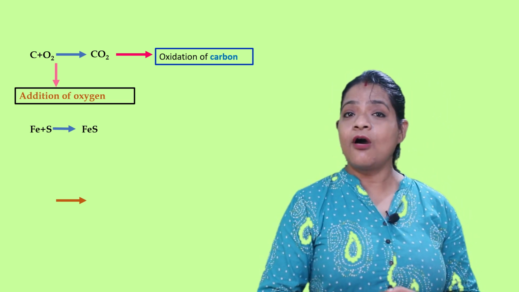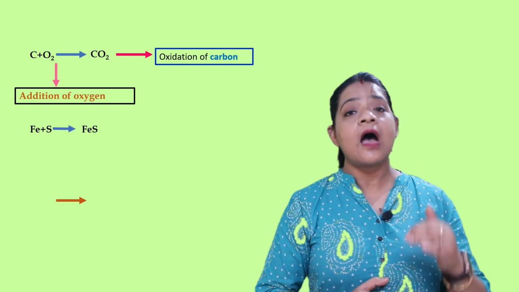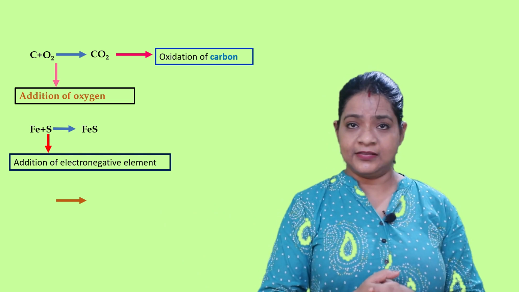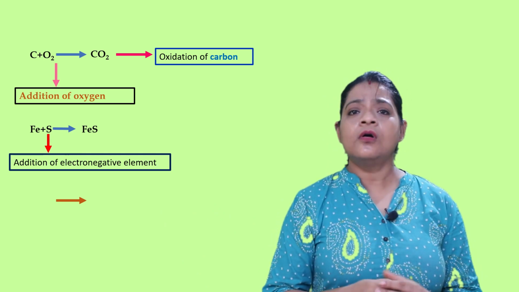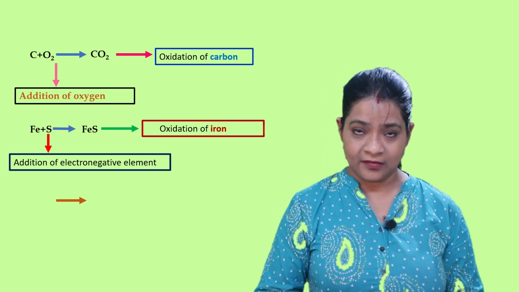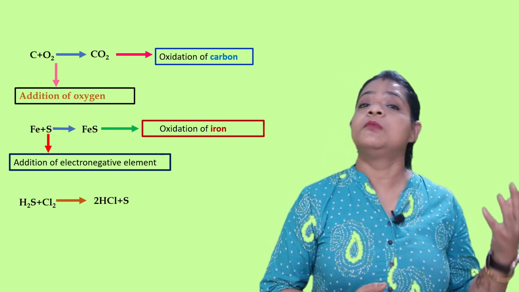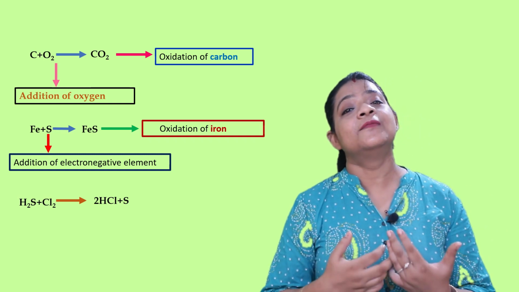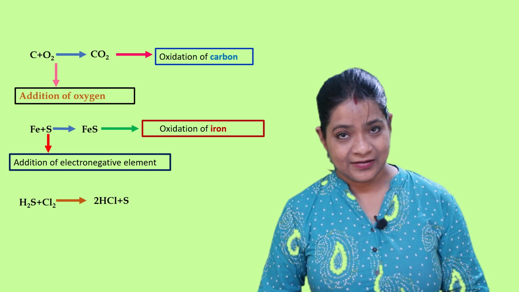Another example of oxidation is iron plus sulfur gives iron sulfide, that is FeS. We all know that sulfur is an electronegative element. So when sulfur is being added to iron, iron is being oxidized.